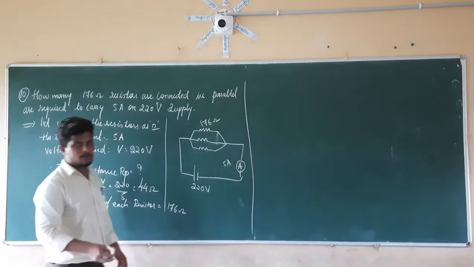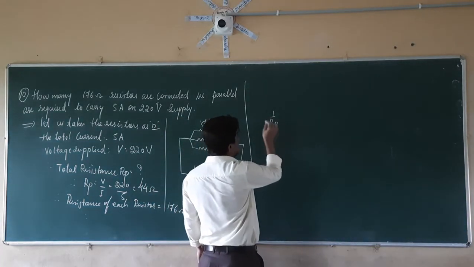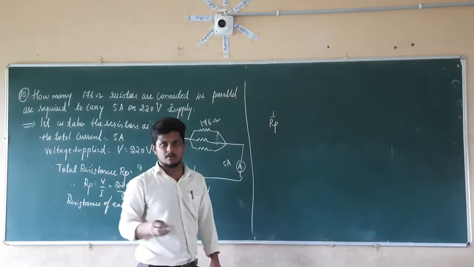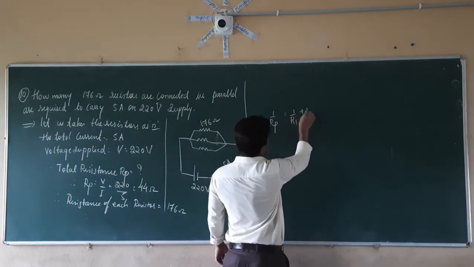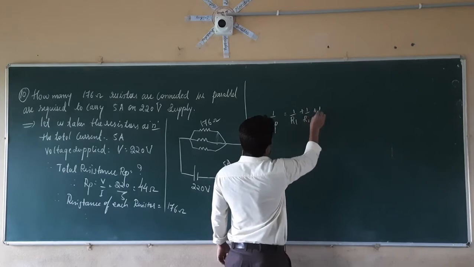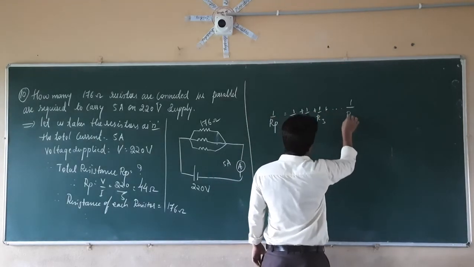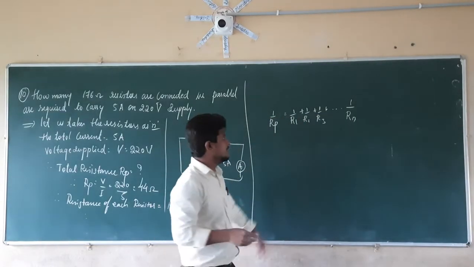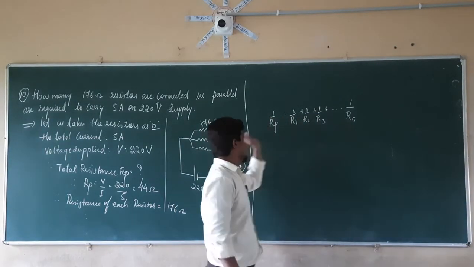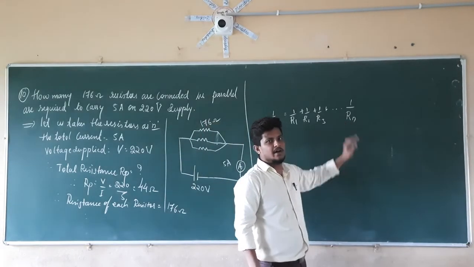We know the formula for the total resistance: 1 by Rp is equal to 1 by R1 plus 1 by R2 plus 1 by R3 plus so on up to 1 by Rn. We don't know the number of resistors, so the last resistor is Rn.